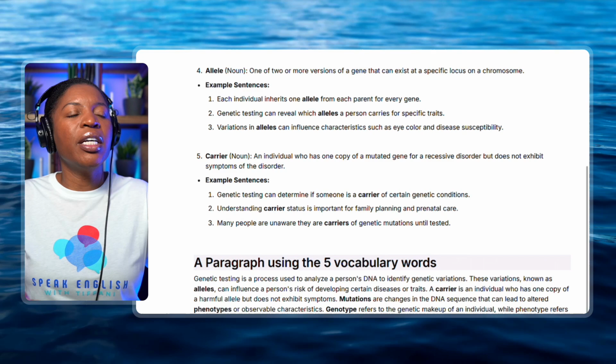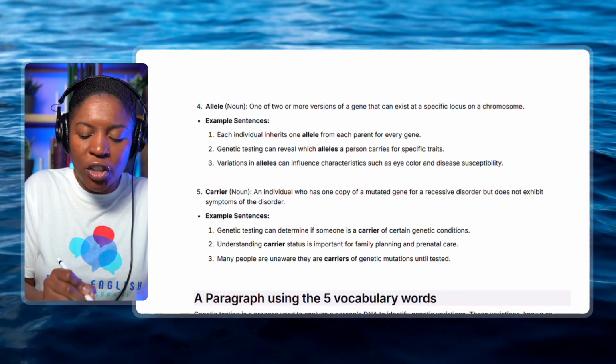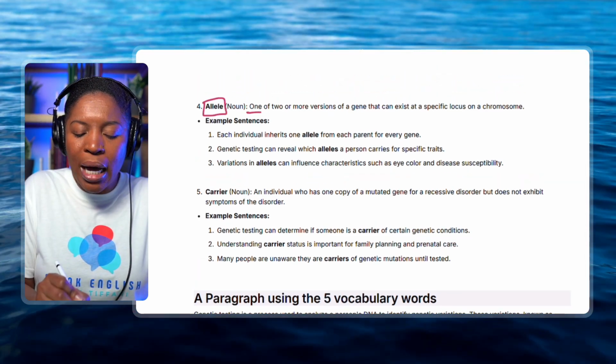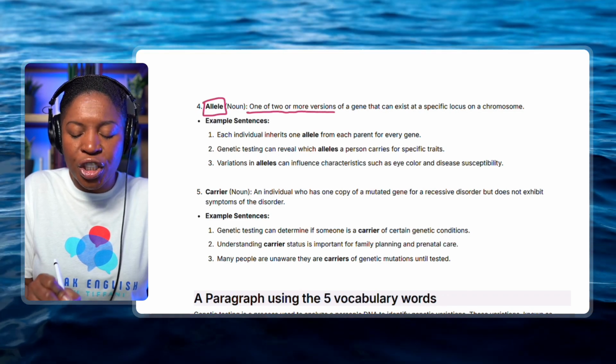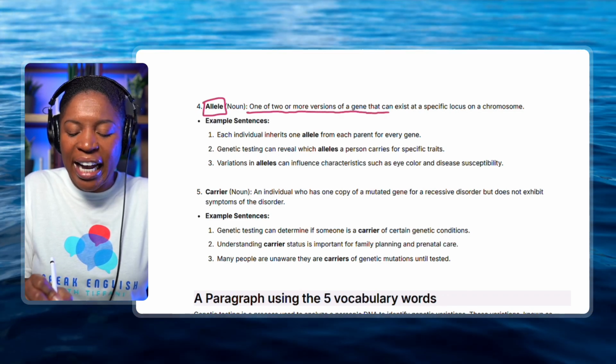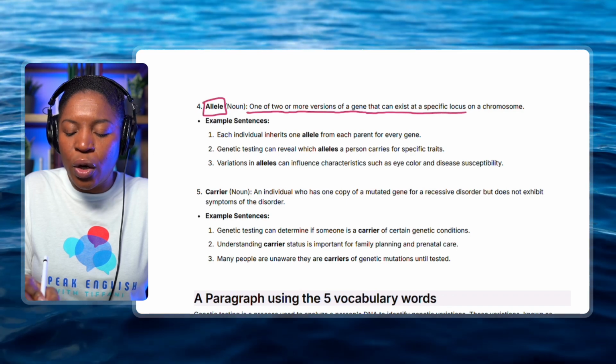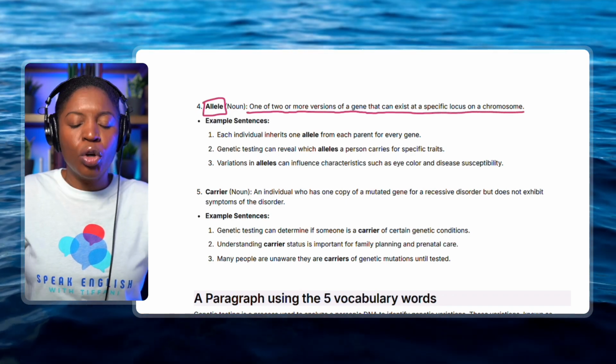So again, speaking about genetic testing, our fourth term is allele. So what does allele actually refer to? What does it mean? So this term allele just refers to one of two or more versions of a gene that can exist at a specific locus on a chromosome.